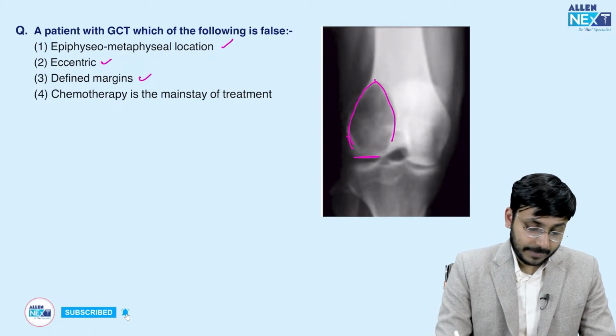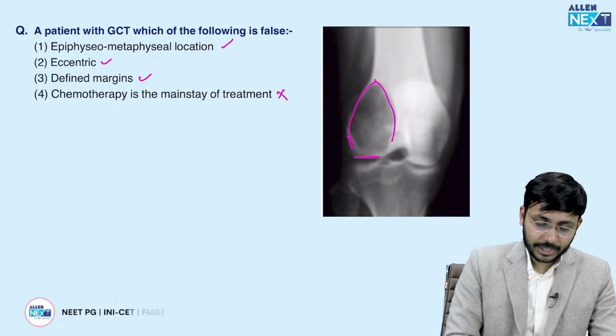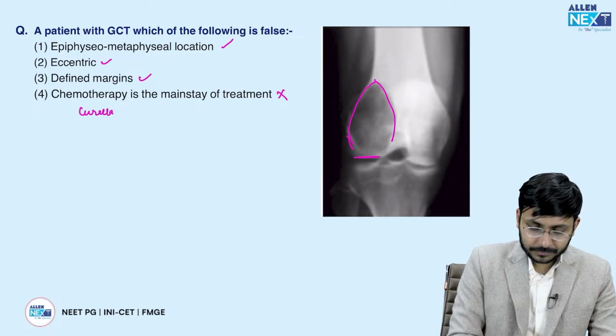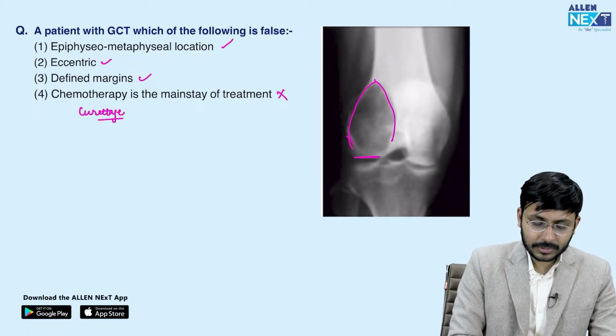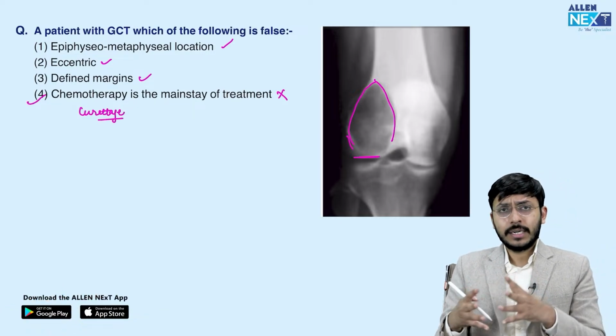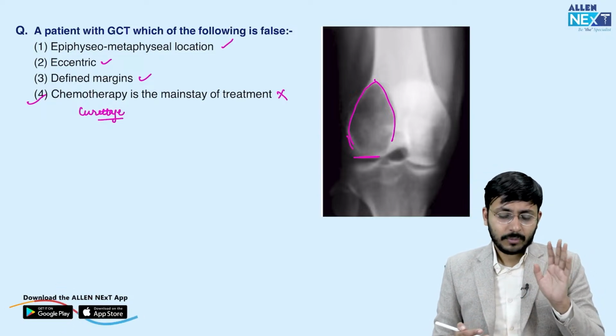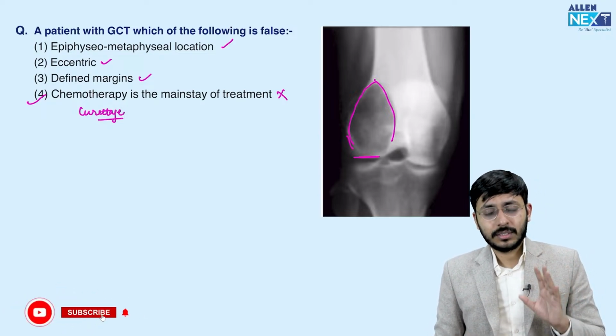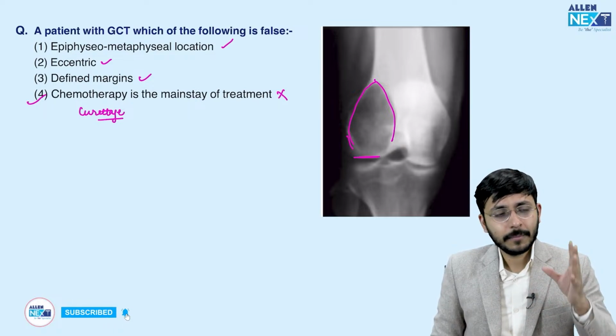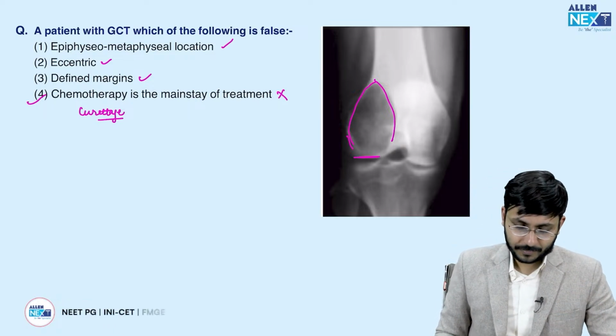So chemotherapy is the mainstay of treatment? No. Curettage is done. I will tell you in ortho that extended curettage or an intralesional type of curettage is done, but chemotherapy is not the treatment for a GCT. It's a benign tumor, so it is excised.